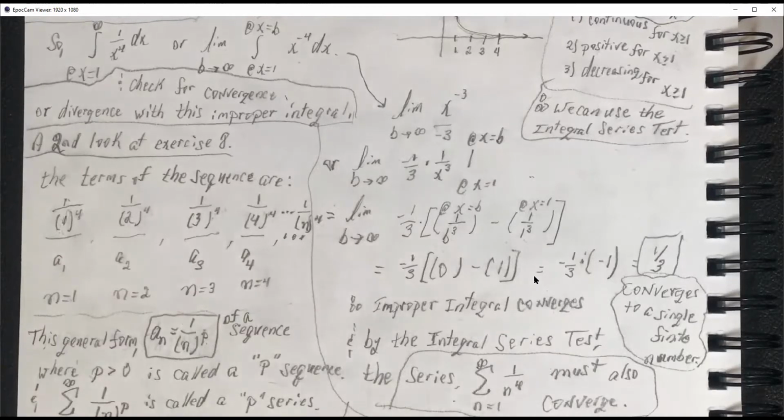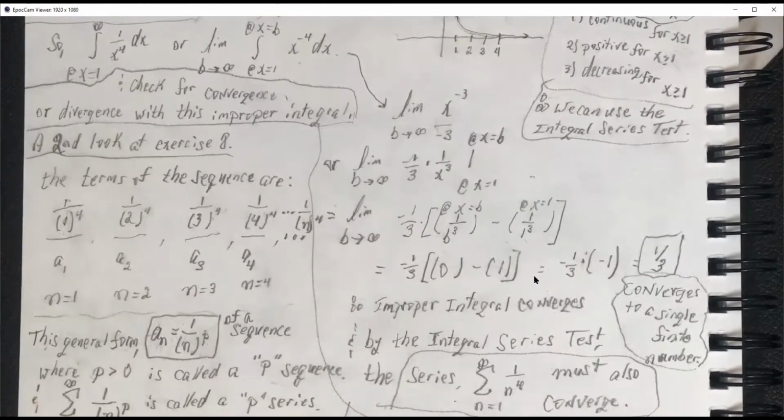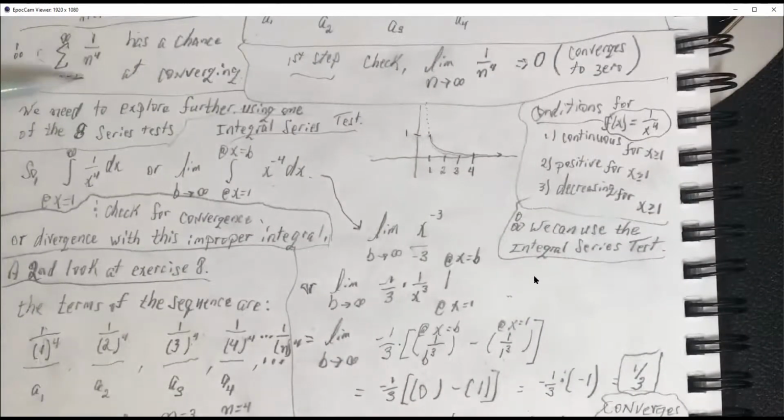Think of it as the power is not changing in the denominator. Of course, if we move n to the 4th up to the top, it would be n to the negative 4.